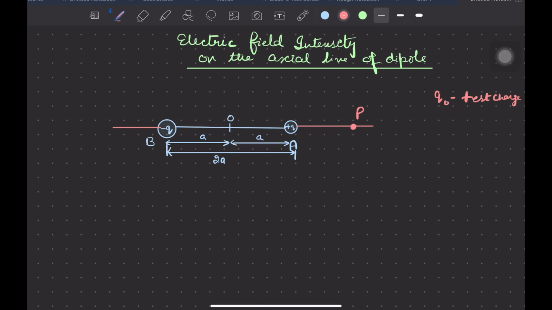As I have said, we have placed a unit positive test charge, so the charge placed at point A, that is plus q charge, is going to repel the plus q naught charge, which is a unit positive test charge, because there is always a repulsive force between two charges which are of the same nature.